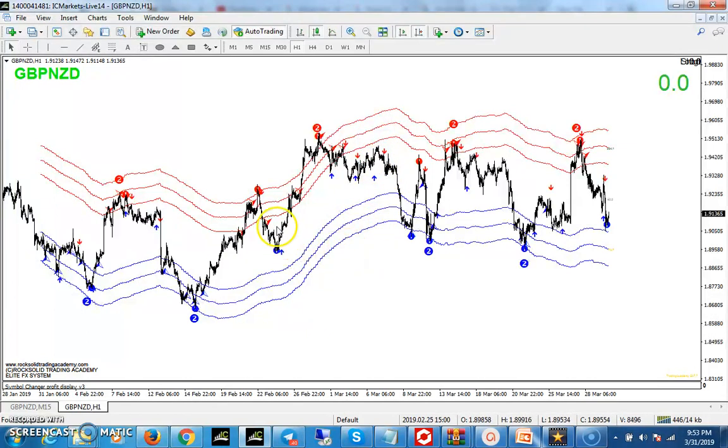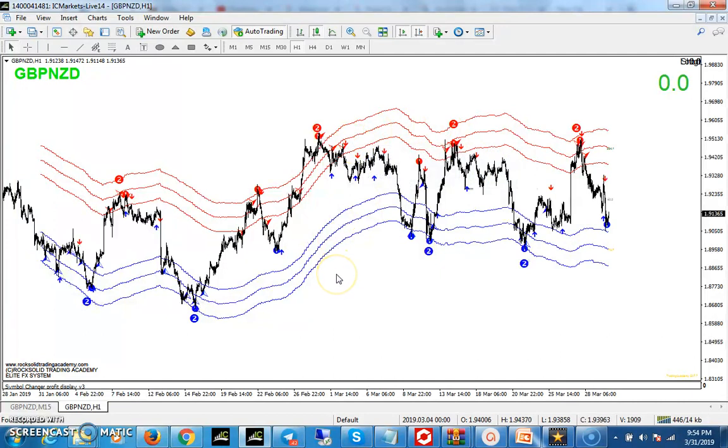I want to TP on the opposite side depending on whether I'm taking a sell or a buy. If I buy, I want to TP at the supply zone. If I sell, I want to TP at the demand zone. We buy at the demand, we sell at the supply zone.